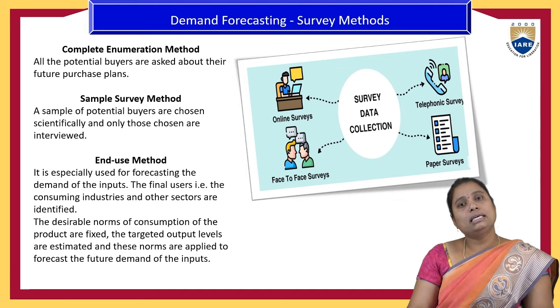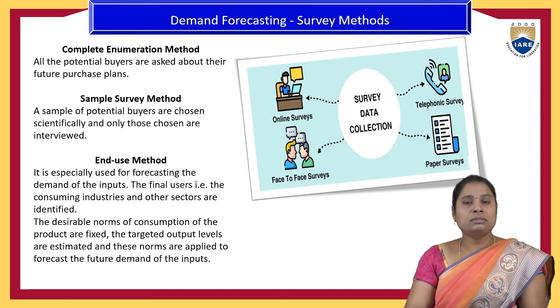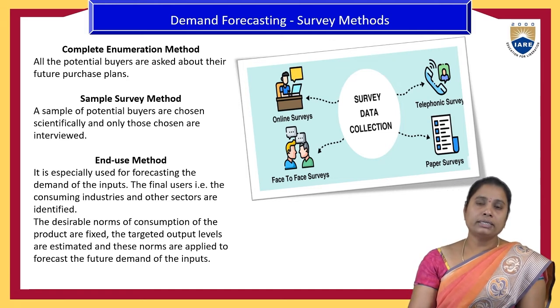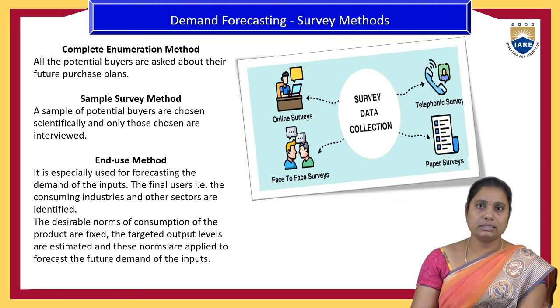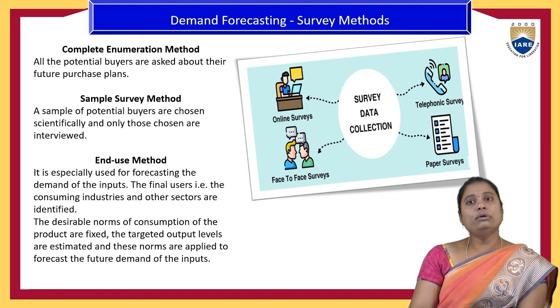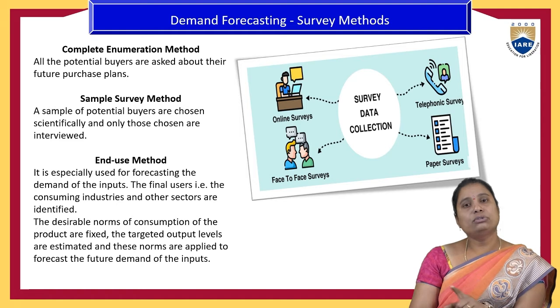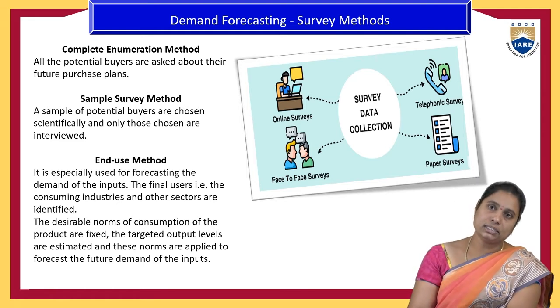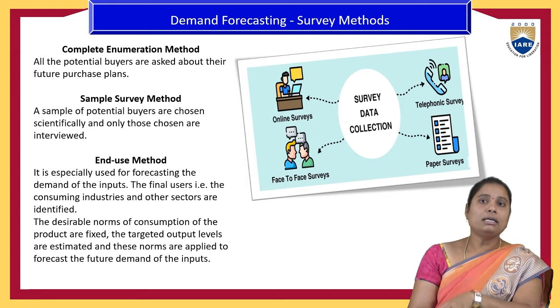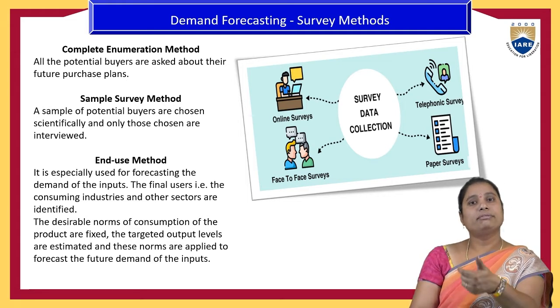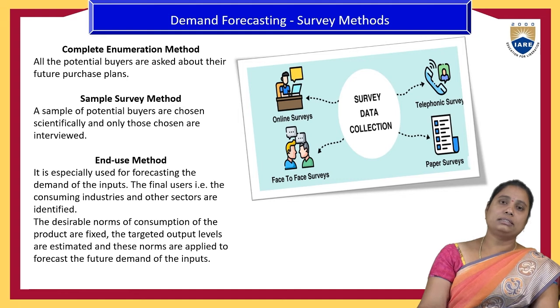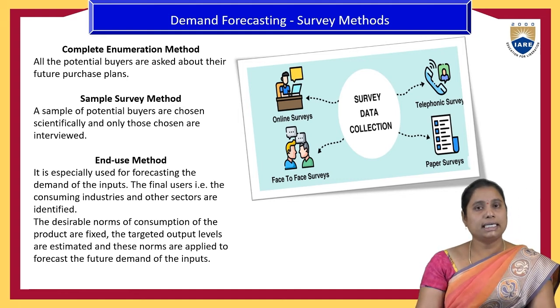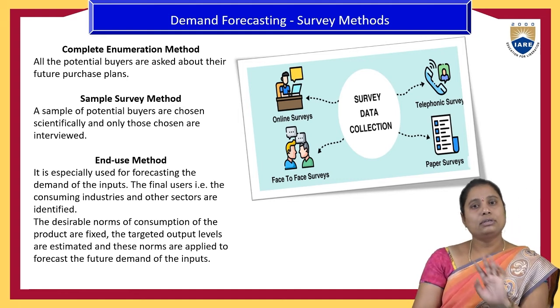They won't take any information from the salespersons or the middlemen, retailers or wholesalers. They see who is the end user, the final user of that product, whether it is used by an industry or any customer. Based on that, if they target those people for estimating the future demand of the product, then that is called the end use method.